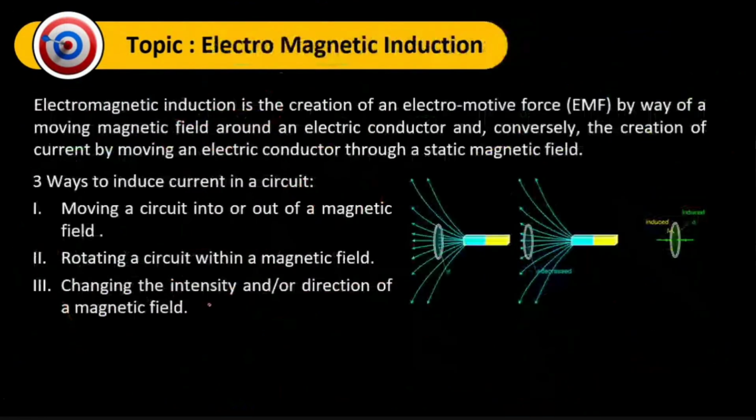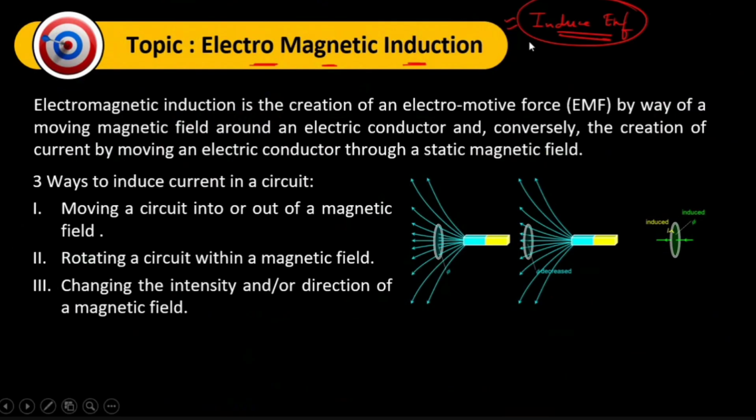So electromagnetic induction is something by which we can induce EMF in the circuit. By whatever way we can induce EMF in a circuit, that thing becomes electromagnetic induction. So electromagnetic induction is the creation of electromotive force by way of a moving magnetic field around an electric conductor, and conversely the creation of current by moving an electric conductor through a static magnetic field.